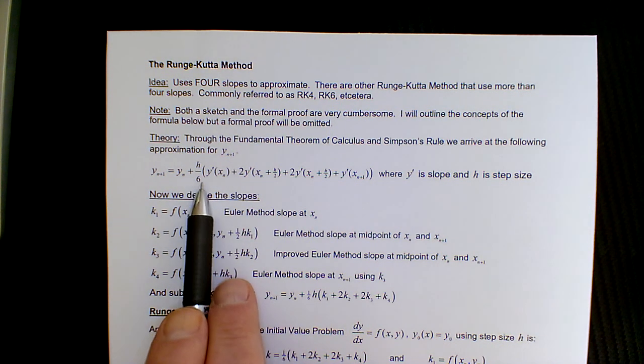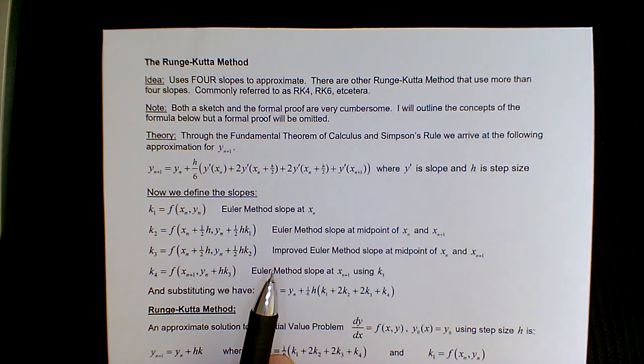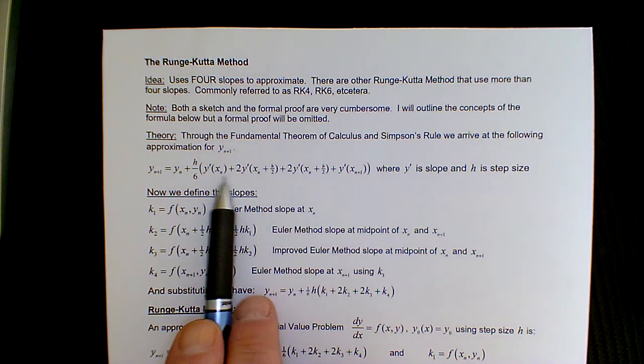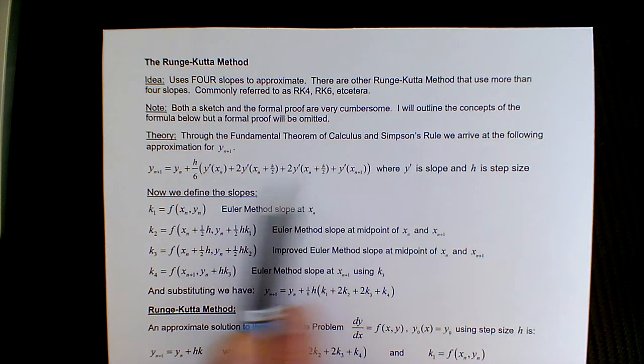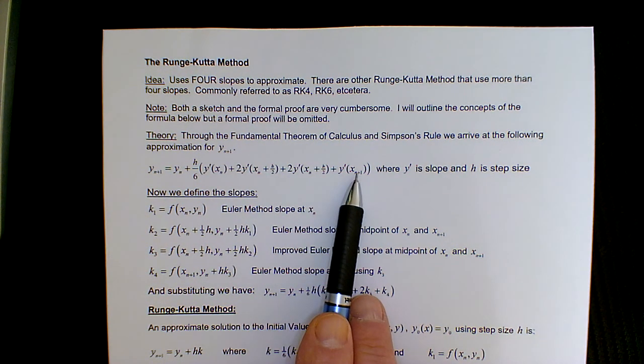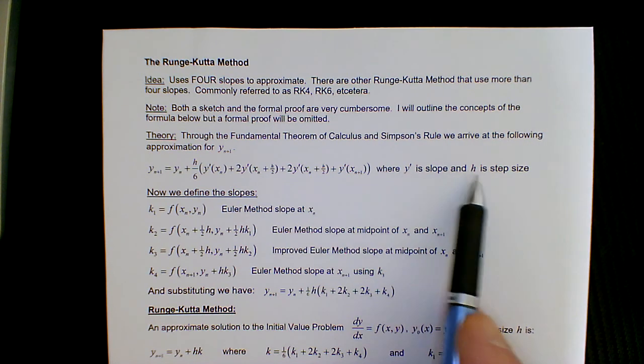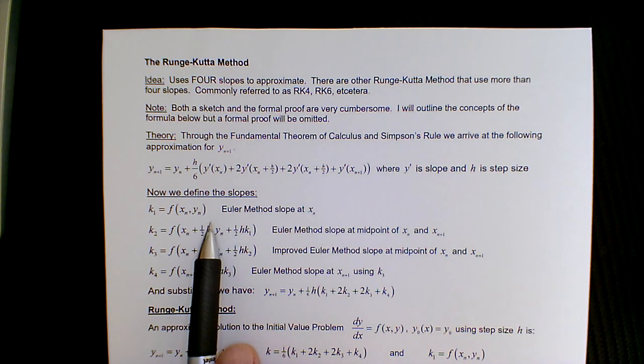And so it's y sub n plus h over 6, that 6 is coming from Simpson's rule. And then the y primes represent the derivatives, evaluated at each of these different x values. The y prime is the slope, the derivative, of course, and h is the step size.